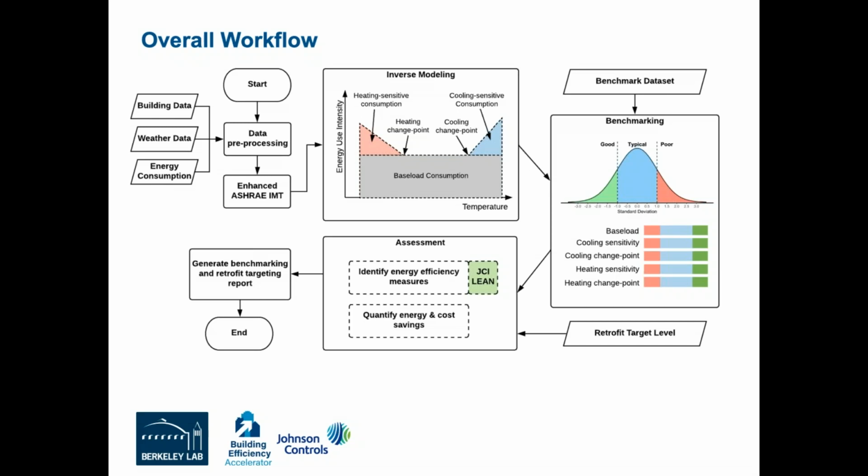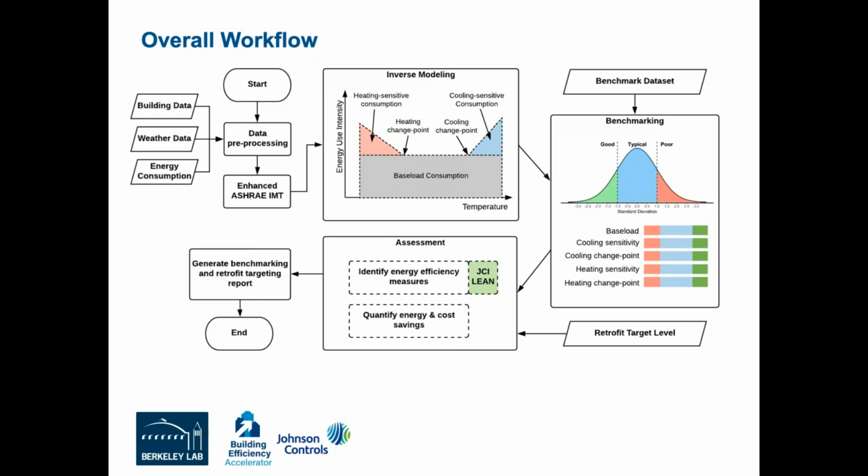And we'll give you a sense of whether your building's base load, cooling and heating sensitivity, and cooling and heating change point are good, typical, or poor. How you rate on each of those metrics will give an indication of the types of energy efficiency measures that exist for your building, and also the energy and cost savings potential.